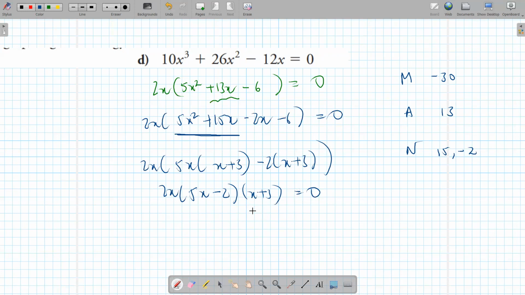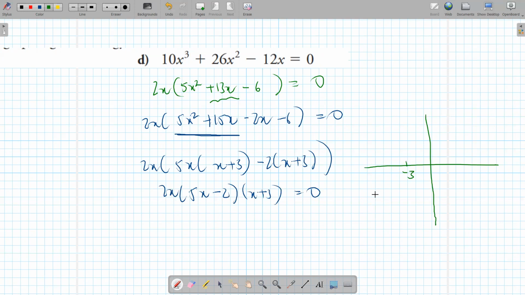All right. What are our zeros? Now be careful here. Negative 3. Negative 3 is one of them, yeah.